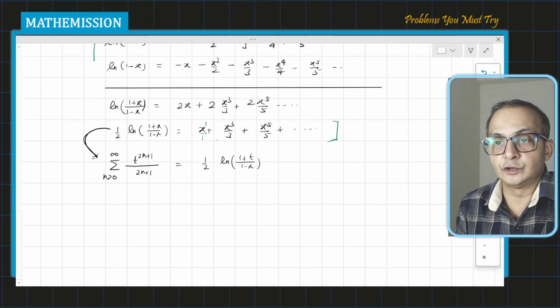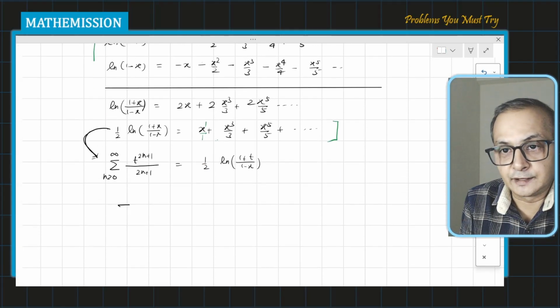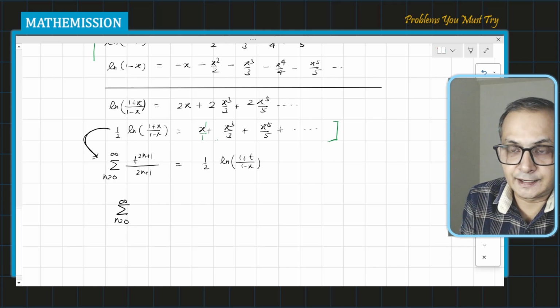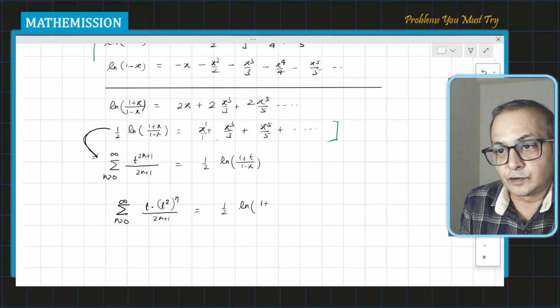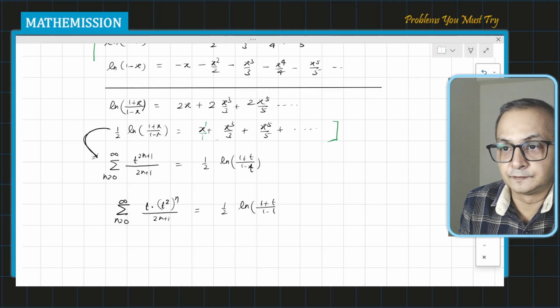So what I'm going to do, I'm saying here that summation n goes from 0 to infinity, and writing this thing as t into t square to the power n and divided by 2n plus 1. And this side, this t I have, I'm going to send it on the right hand side in the next step. This is, by the way, t here.